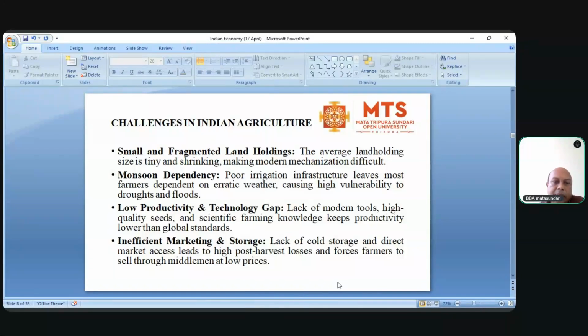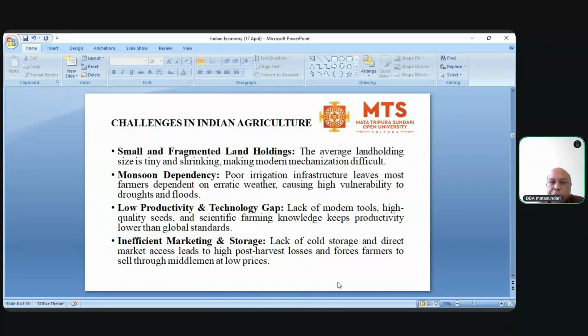In India, in village area, it has been found that in some areas farmers are using modern technology, and in some areas farmers are still using the old traditional technology. In many areas still it has been found that farmers cultivate various food grains by using cow and other animals for cultivation purpose. So in this case, income of farmer will be less. So low productivity and technological gap is also a challenge for Indian agriculture.